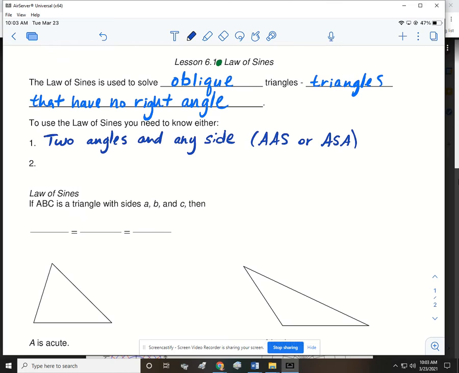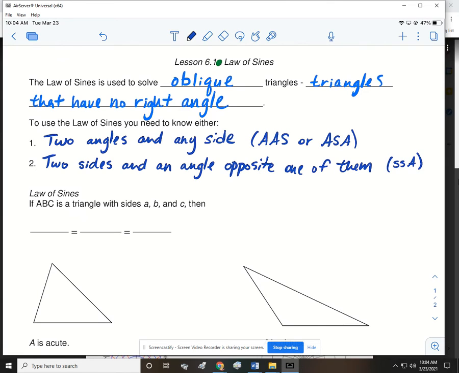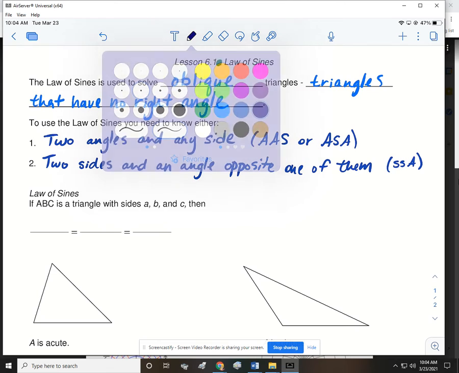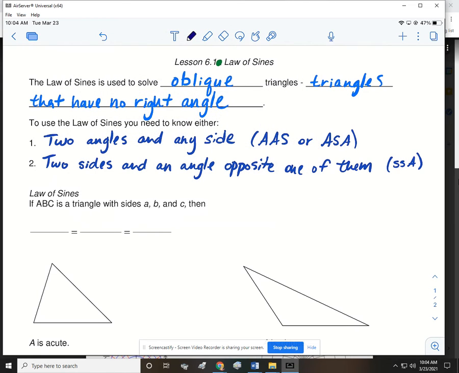Or if you know two sides and an angle opposite one of them. So that's going to be side, side, angle. Be careful you don't spell that the other way. To know for sure that it's the angle opposite one of them, the angle letter should match one of your side letters.